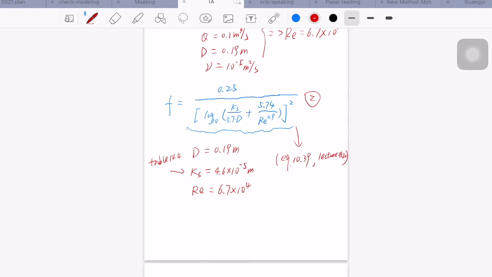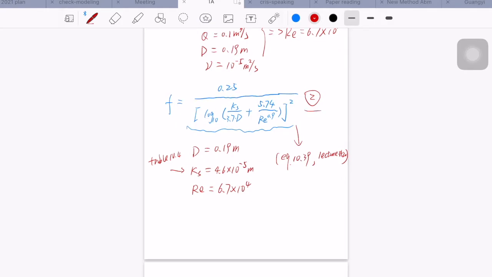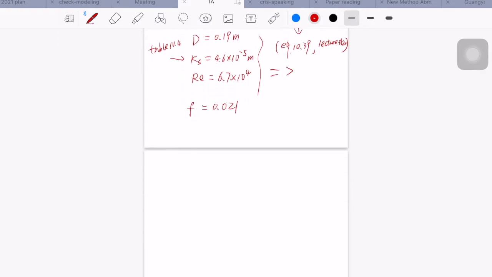So based on equation 2, we can find that the new F is 0.021.